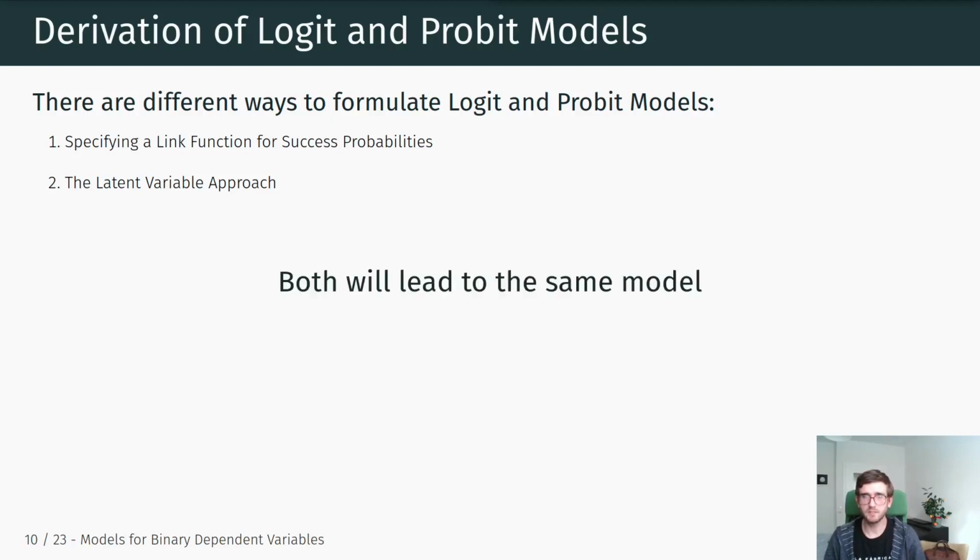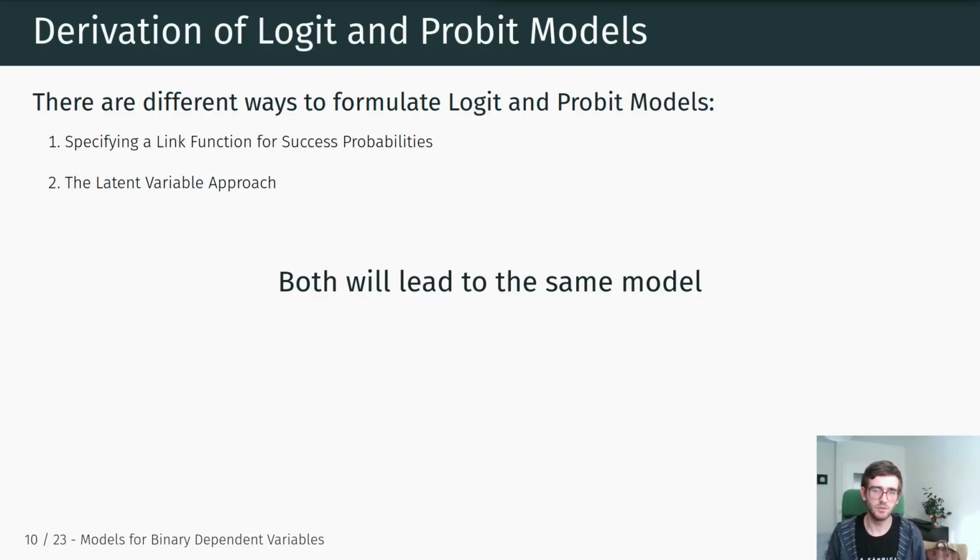The key point here is that those are both just different ways of understanding Logit and Probit and how we can derive the underlying model, but ultimately these alternative conceptualizations lead to the same models, right? And so depending on what is easier for you to think about where Logit and Probit or the model specification is coming from, is fine.